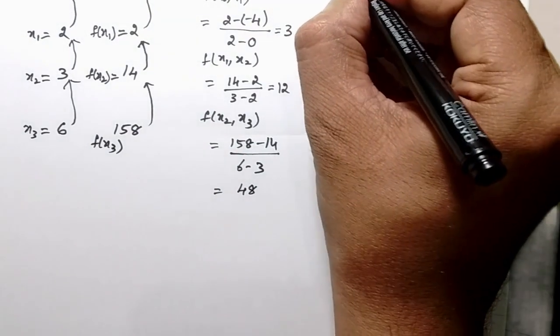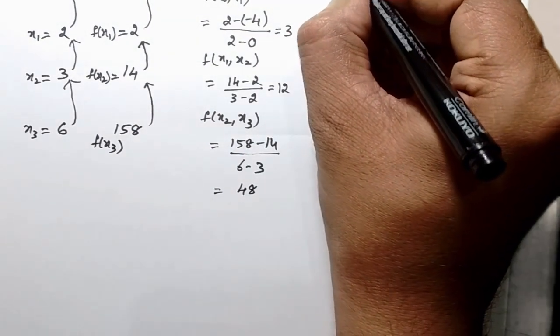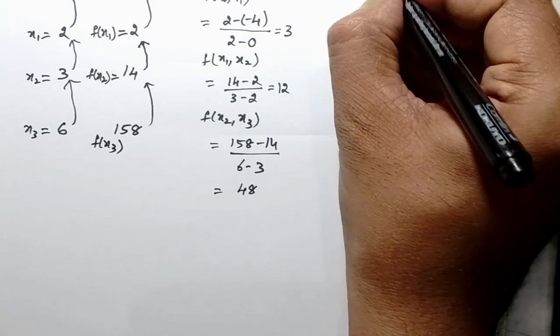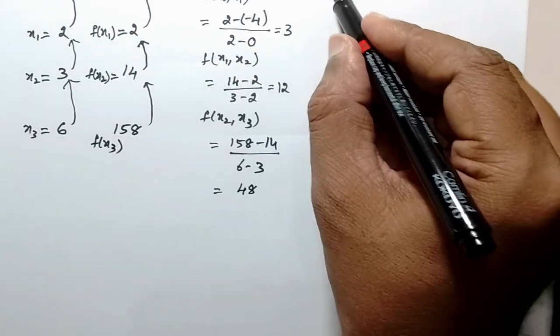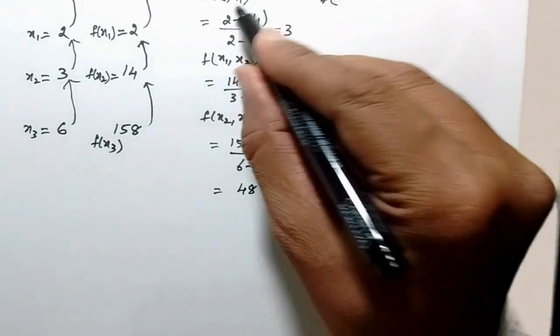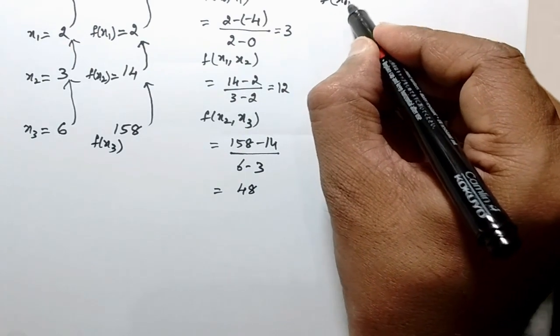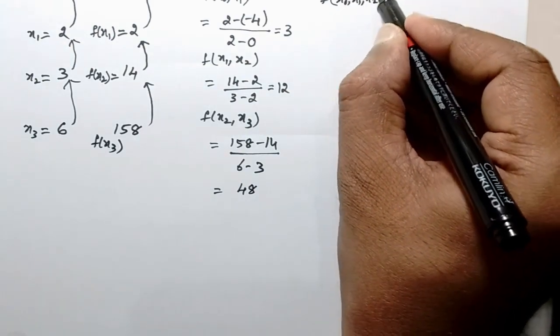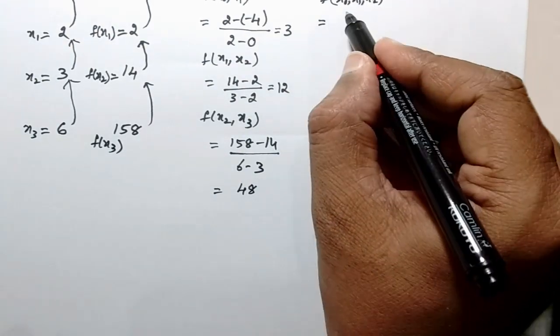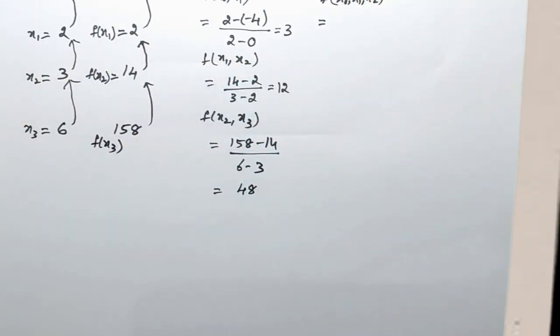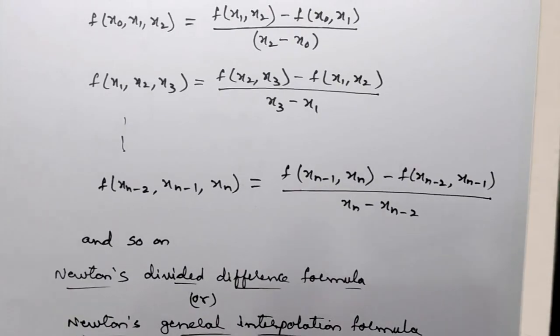Now go for the second divided difference. Right? So the second divided difference is written as f of, so three values we will be getting: x0, x1, x2. I have already shown you the second divided difference here.